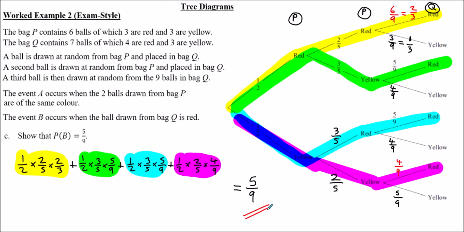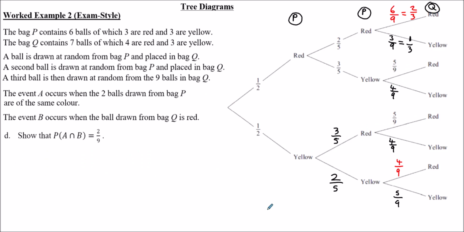So next, let's think about question part D. So D, you have to show that the probability of A and B happening together is 2/9. So probability of A and B. So that means event A happening and also event B happening. So event A is the probability of the two balls drawn from bag P being of the same colour. And so then event B is when the ball drawn from Q is red.